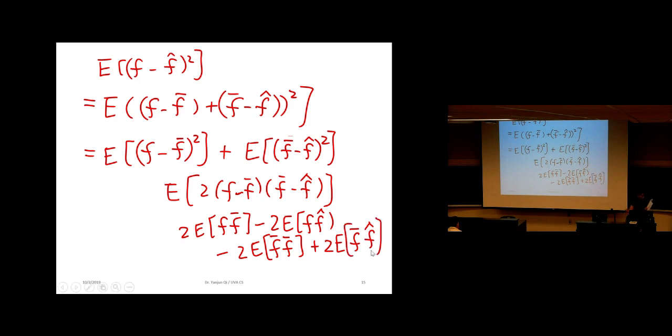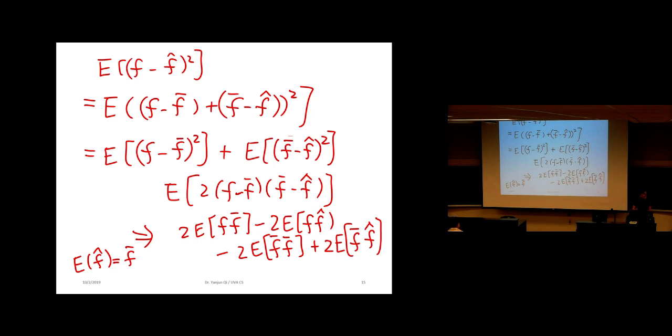I think I made a mistake in some minus and positive signs. f f bar is the positive one. That's positive, and then the minus f f hat is minus, then minus f bar is minus, and then f bar f hat is positive. Yes, it's correct. Okay, now E f hat, because E of f estimated equals f bar. That's my definition because it's the mean, right? It's expectation.